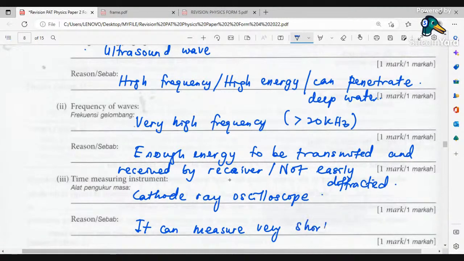As we know that the time the sound or ultrasound transmitted and received just take maybe 0.1 second, very short time interval. Digital stopwatch maybe cannot detect. Okay.